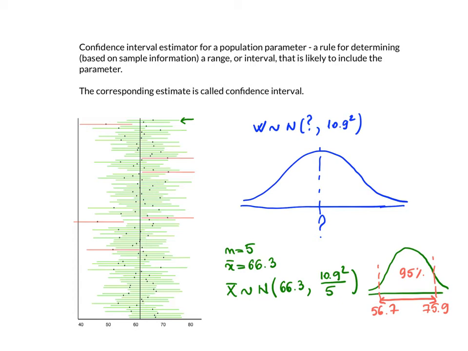So in the case of my simulation, where I generated 100 intervals, this one being one of them, I see how I have 1, 2, 3, 4, 5, 6 that do not contain the real mean. So I remind you that I have a 95% confidence level, so I'd expect about 5 of them not to contain it out of 100. So this simulation works pretty well.